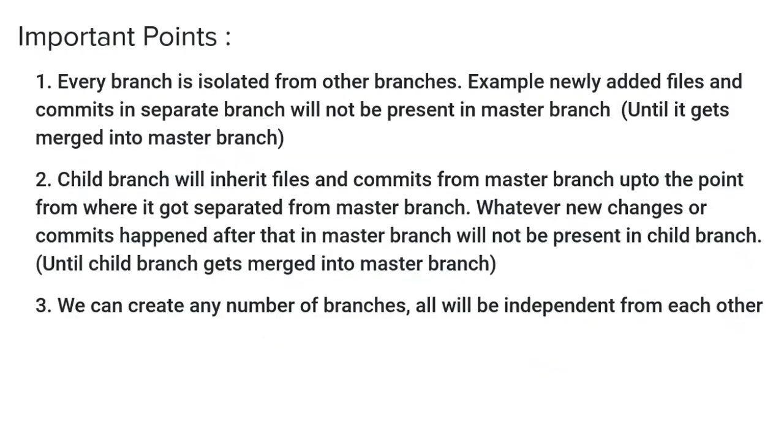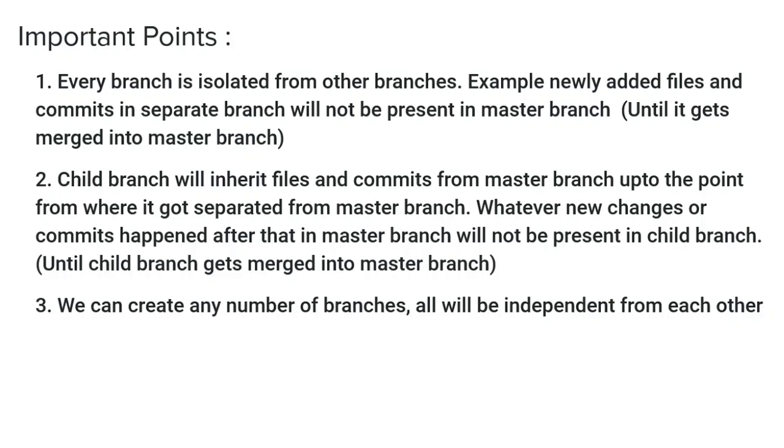The main point was, whenever the master branch is created and its child branches are created, every branch is isolated from other branches. For example, newly added files and commits in a separate branch will not be present in the master branch until they get merged into the master branch.